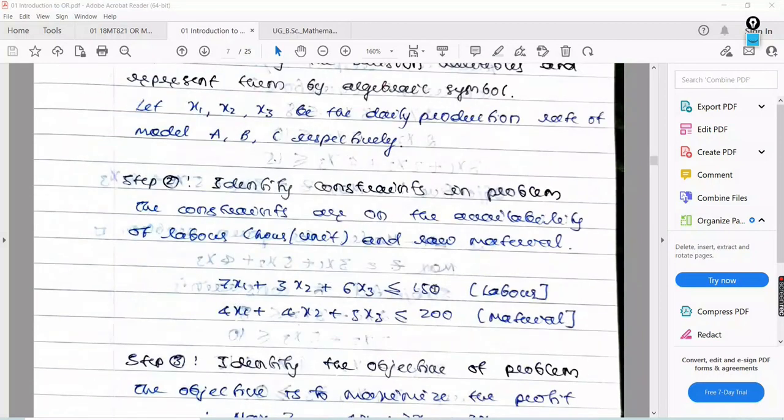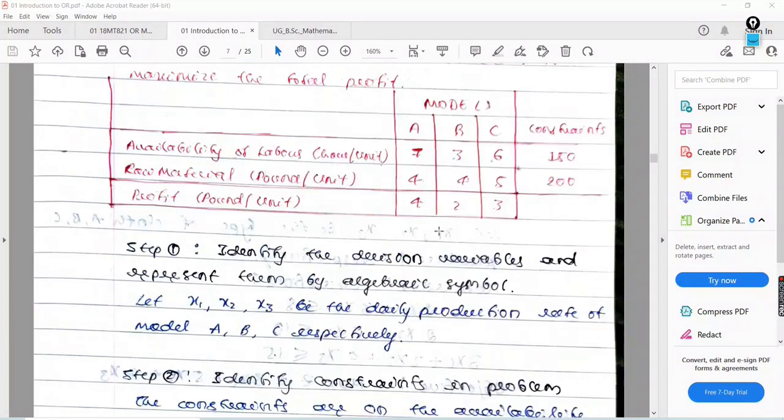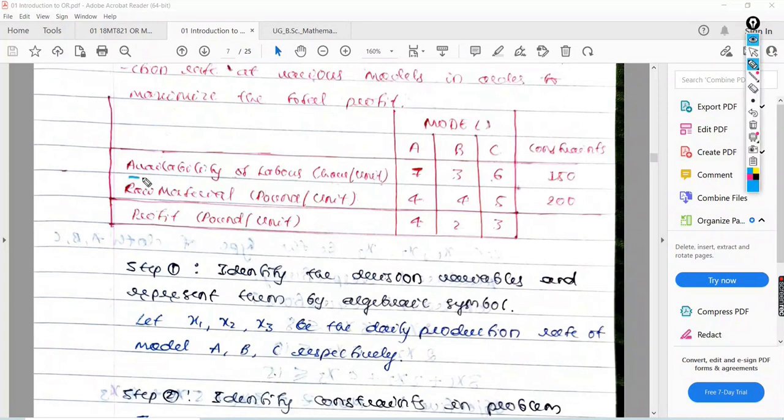Later, the constraint: the value should not exceed this value. 7x1 plus 3x2 plus 6x3 is less than or equal to 150. It means the labor hours used will be 150 at most.